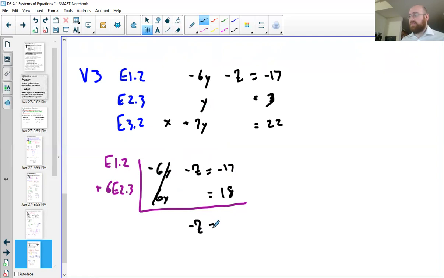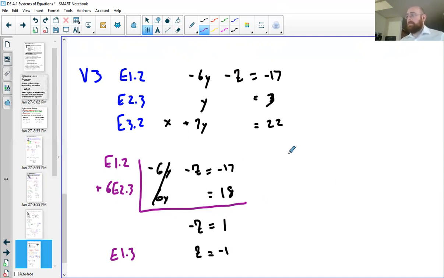Negative z is equal to positive 1. If we multiply both sides by a negative, we get z is equal to negative 1. And this would be our equation 1.3. So equation 1.3, it is the third form of our equation 1.